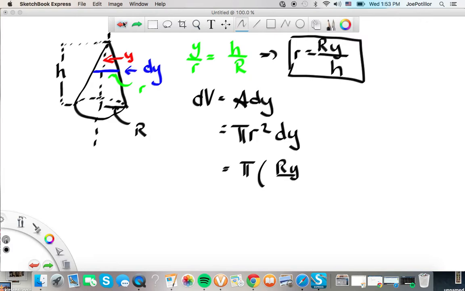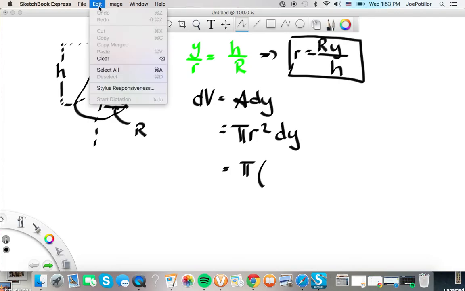I don't want to erase it all, but let's clear it. So we need the density of this cone here.